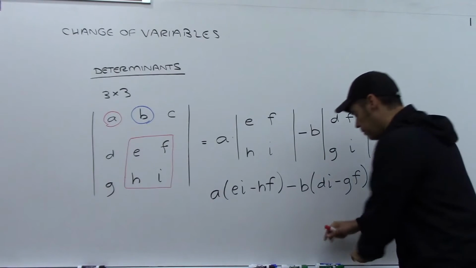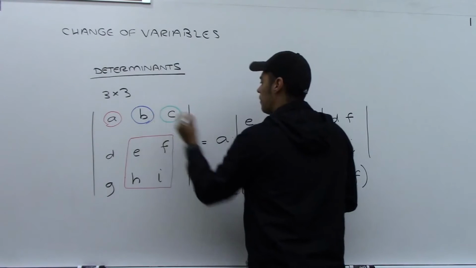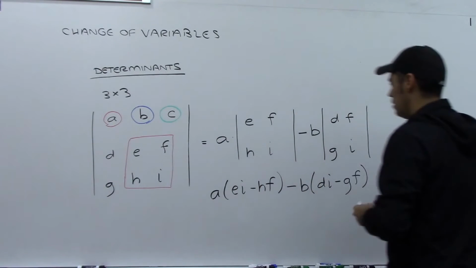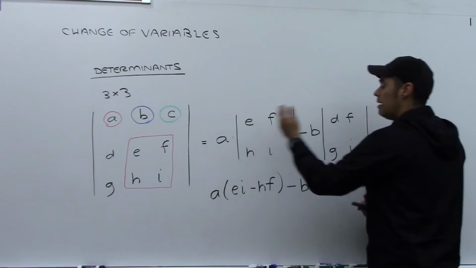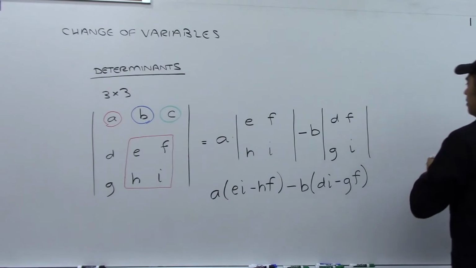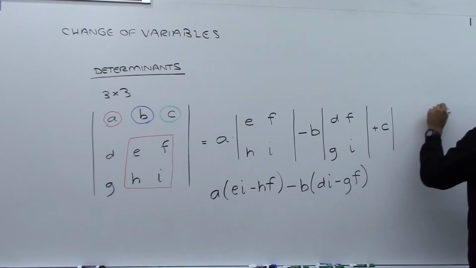We have one more to do. So we take C, and what we're doing is we're alternating here. We have positive A, negative B, positive C, so plus C, and then another determinant here.